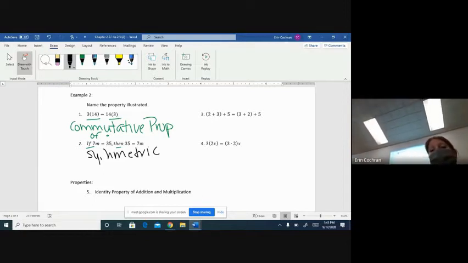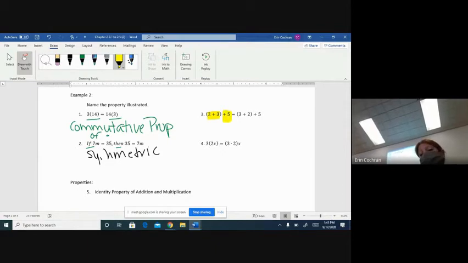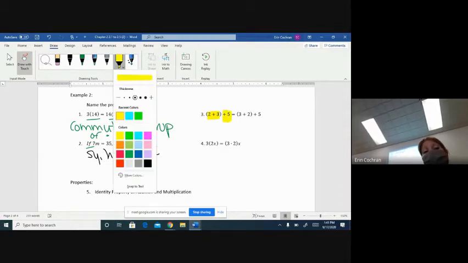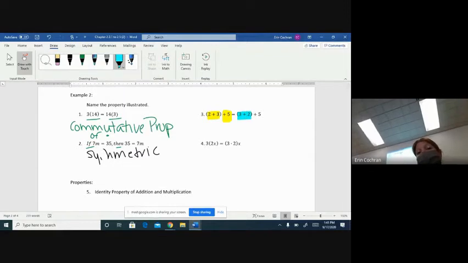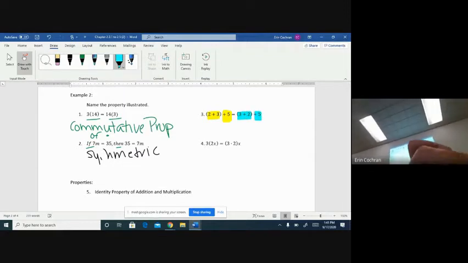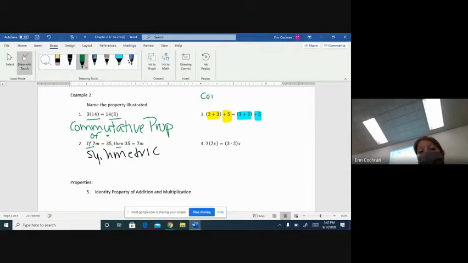Okay, and then number 3, we have 2 plus 3, we're adding 2 plus 3 first, then adding 5. In the second side there, we're adding 3 plus 2, then adding 5, okay? So right off the bat, because we're talking about addition here, we're looking at the commutative or the associative, right?